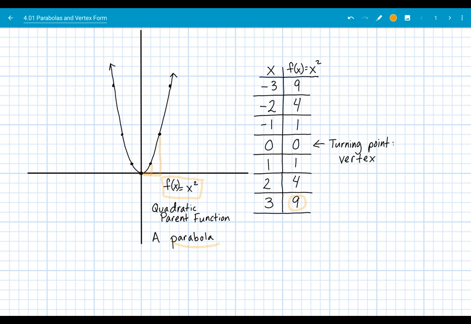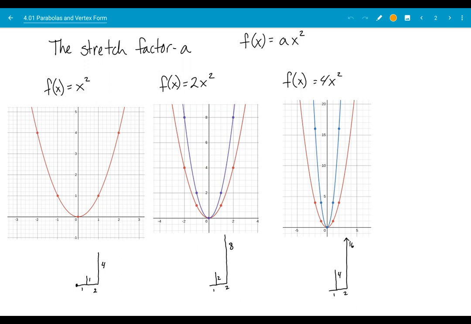Now, what if I wanted to change the shape of the parabola? So here are some different graphs to compare. We're going to expand our parent function and we're going to add to it this letter a. The a is the stretch factor. The stretch factor tells us how the shape of the parabola has changed.